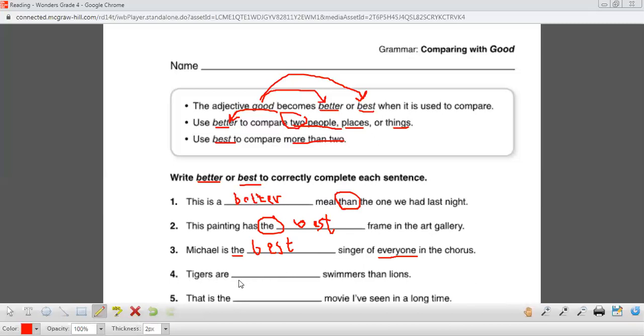Tigers are better swimmers than lions. Here I'm comparing two groups. Yes, I have lions, which is more than two, but in general, I'm comparing two groups. When I'm comparing two groups or people or places, I will be using better.